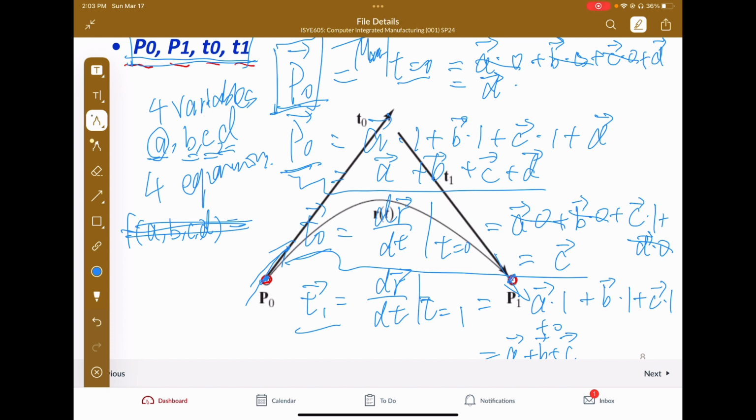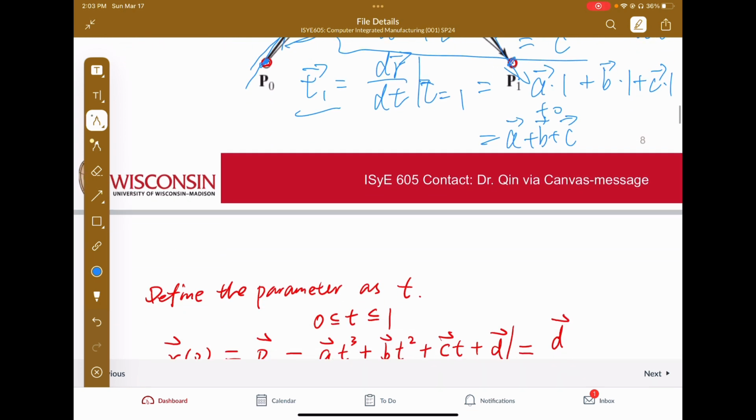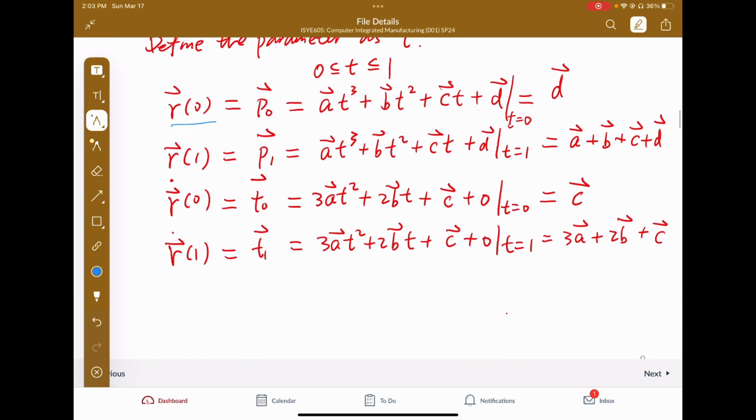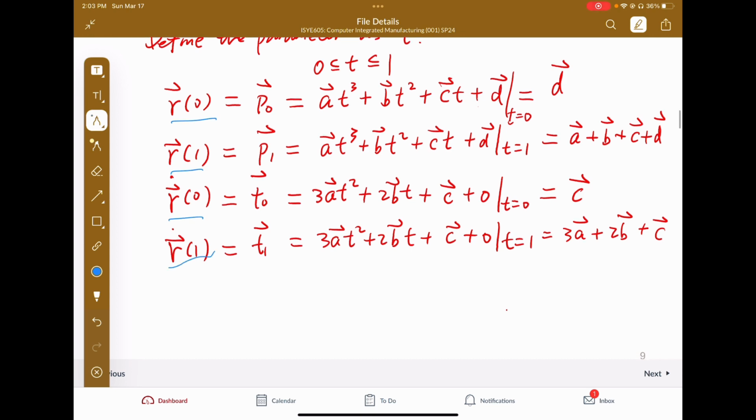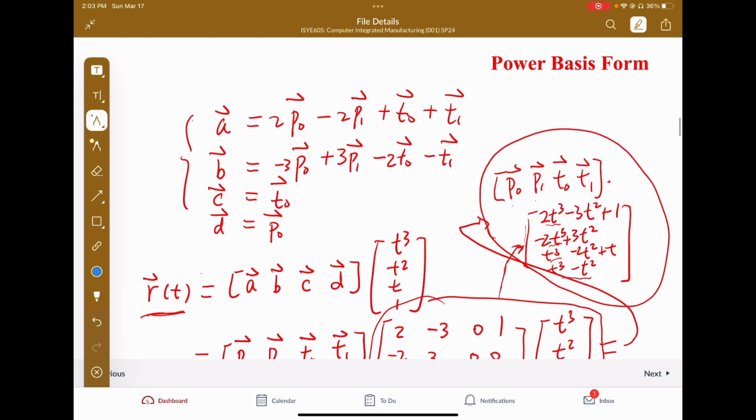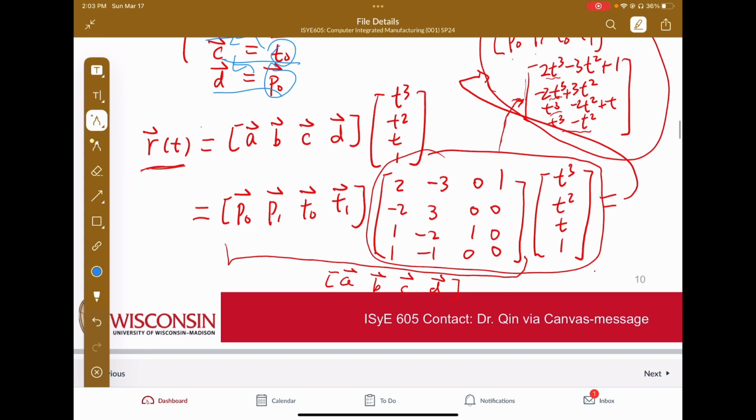What I mean is we can use the points P0, P1, t0, t1 to represent a, b, c, d. So that means here are the 4 equations, and this is the values we get. So now we have P0, t0, P1, t1 to describe a, b, c, and d. Then we do the simplification, and we organize it. It will be like this way.